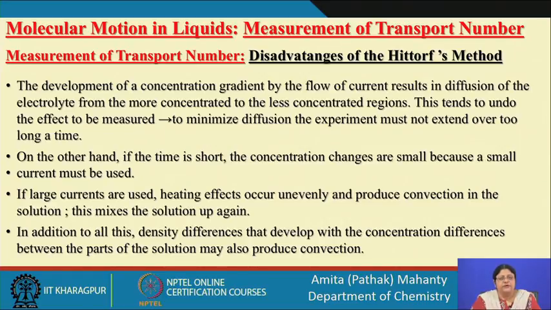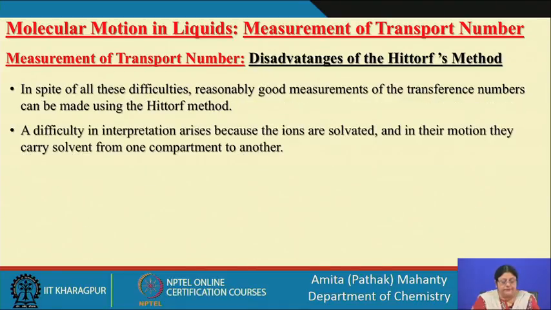So, density difference means the concentration difference which arises in the different parts is also going to give rise to diffusion control current. In spite of all of these difficulties, a reasonably good amount of transport number measurements can be done by Hittorf's method.